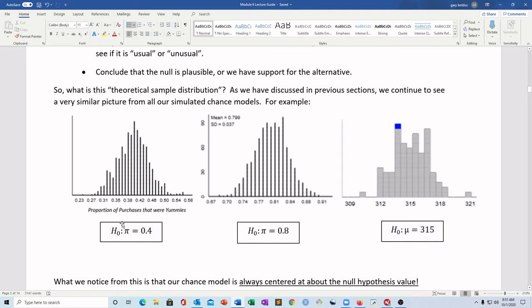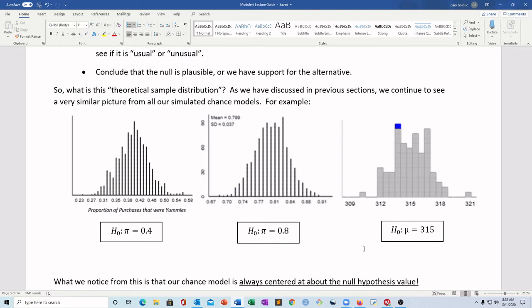When we say null pi equals 0.4, pi equals 0.8, mu equals 315, we're telling the computer middle here, middle here, middle here. So, number one, we think it should be a bell curve. Check. Keep that in your head. Number two, we know where the middle will be just by knowing the null hypothesis. Hold on to that. The only piece of information we don't know is how spread out should this picture be.